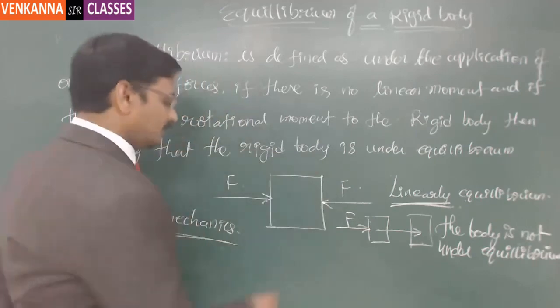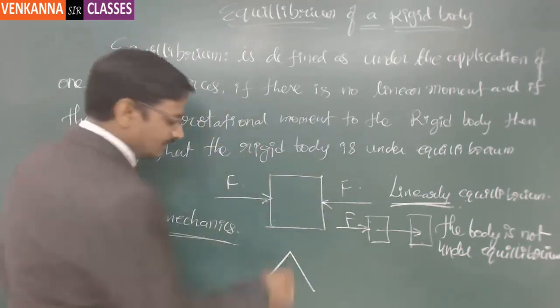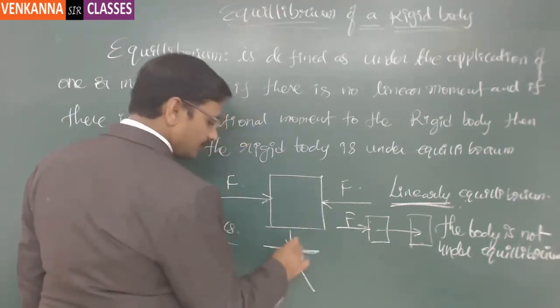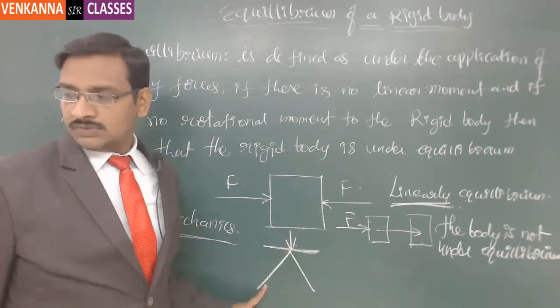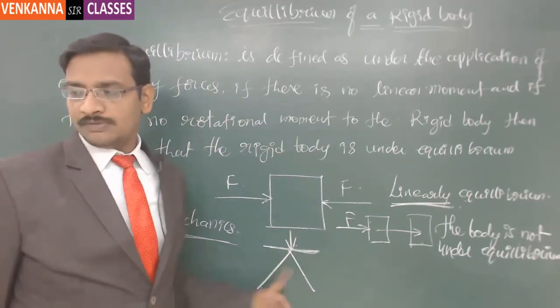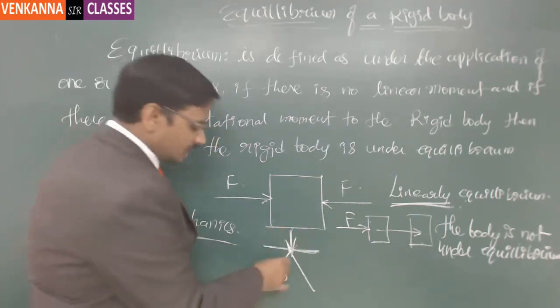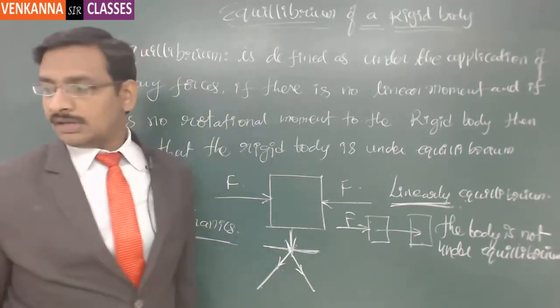Suppose there are two different pillars that are supporting a mass like this. Here there is one body on top of it. So this is one pillar, this is one pillar, and this is one pillar made up of iron. Now this force is distributed in this particular direction, and this is distributed in this particular direction.